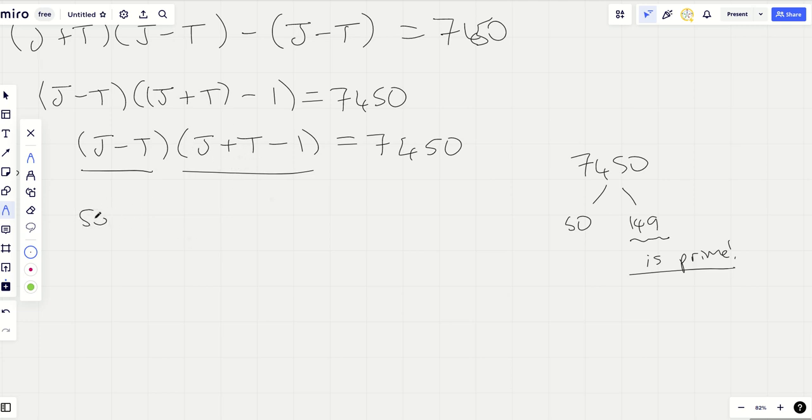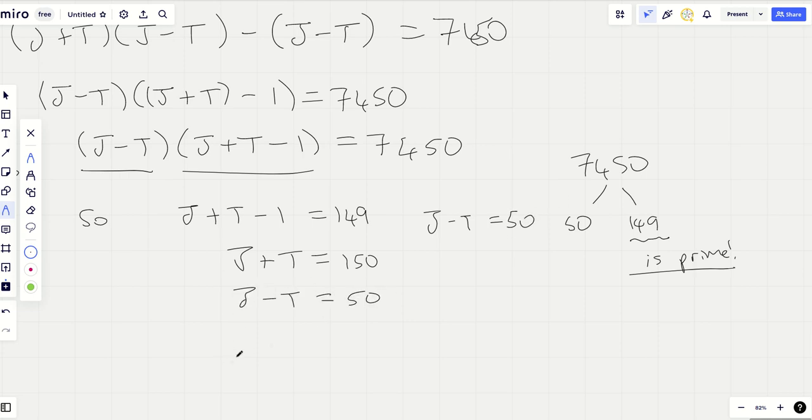So j plus t minus 1 needs to be equal to 149, or in other words, let's simplify it, j plus t is 150. And j minus t must be your 50. Now we can solve these simultaneously by adding them together. 2j is 200, and so j is 100, and plugging it back in, you can see t is going to be equal to 50.